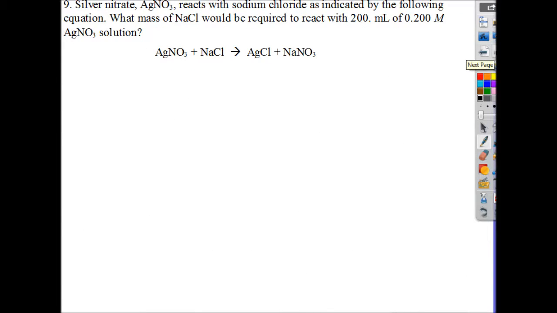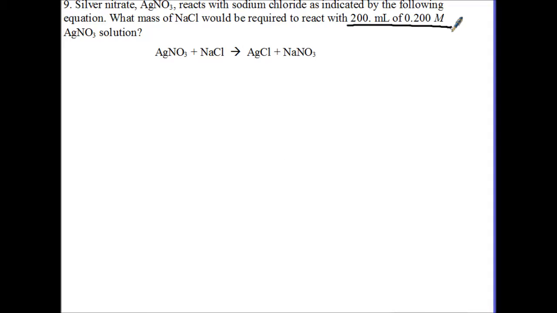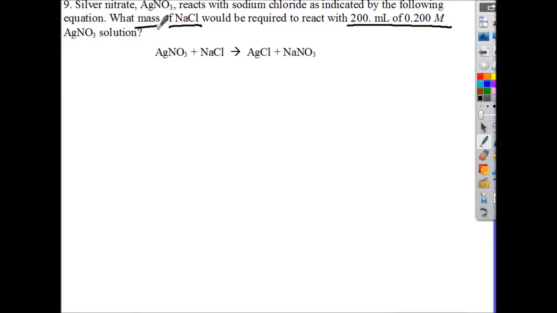Number 9. This one only has one reactant that we have to worry about. Oh no, we're going from one reactant to the other reactant. And in this case, they want mass. So I'm going to first take my molarity with my volume to find moles.